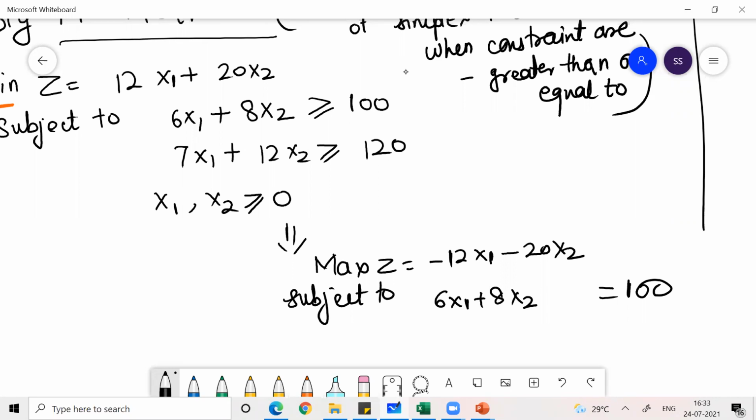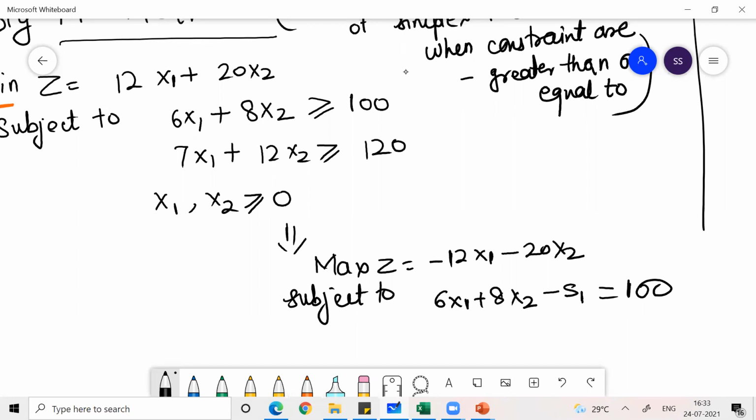The problem here is that if 6x1 plus 8x2 is equal to 100, then it's fine. But what about the cases when 6x1 plus 8x2 is greater than 100? Under that condition, how will you make this equal to 100? The only thing is, you have to introduce a negative slack variable here. By introducing the negative slack variables, you can make your LHS equal to RHS.